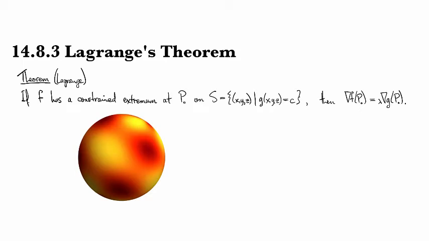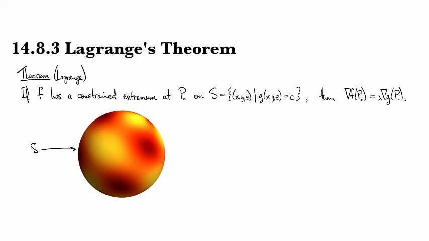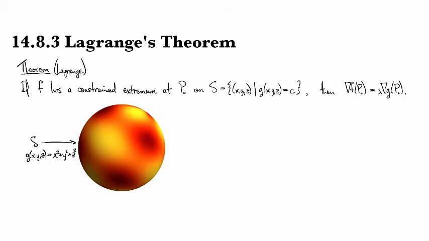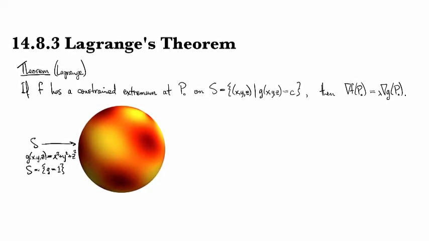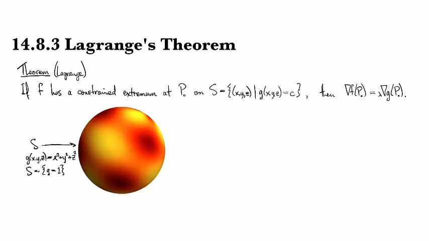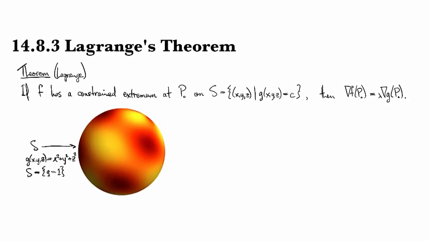So for this example, I'm imagining that S is this level surface right here. It looks like it's given by a level set of the function x squared plus y squared plus z squared. So maybe S is the level set where g takes the value 1, so that would be the unit sphere. And we can think of this as being the surface of the sun for sake of illustration.